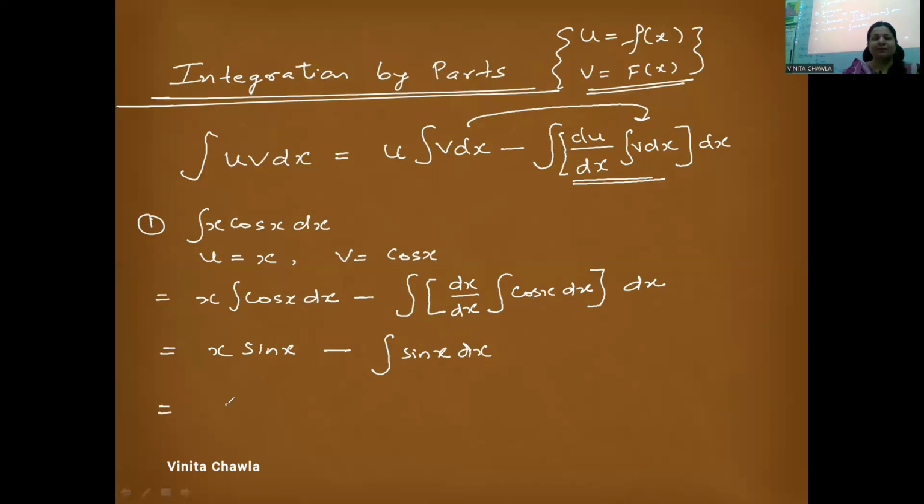Okay. Next step would be x sin x. Integration of sin x is minus cos x, so minus minus becomes plus cos x. And because there is no limit, we will write plus c at the end. This c is the constant of integration.